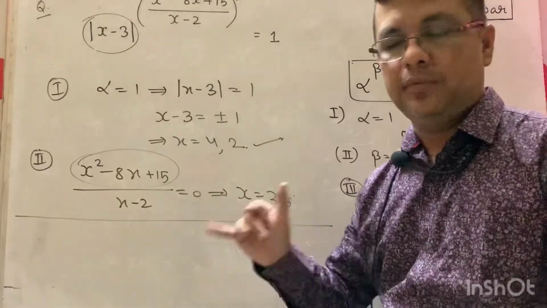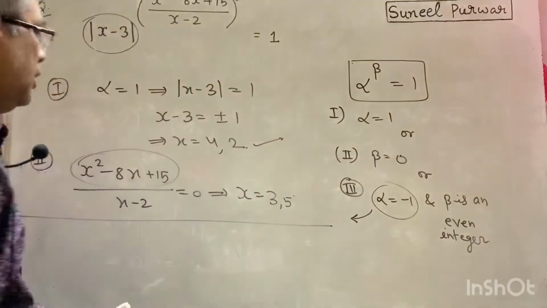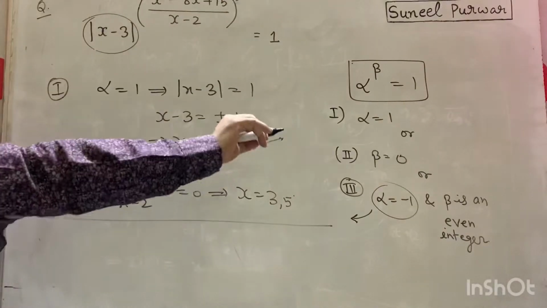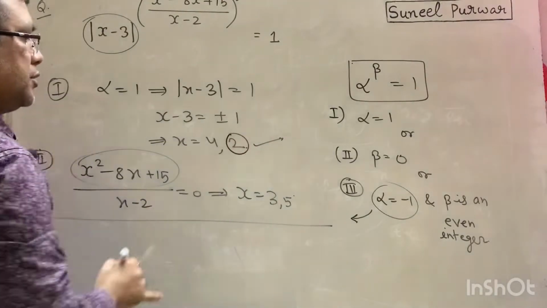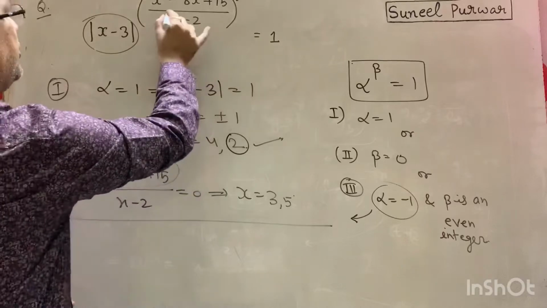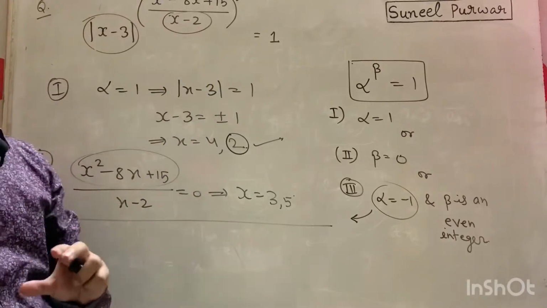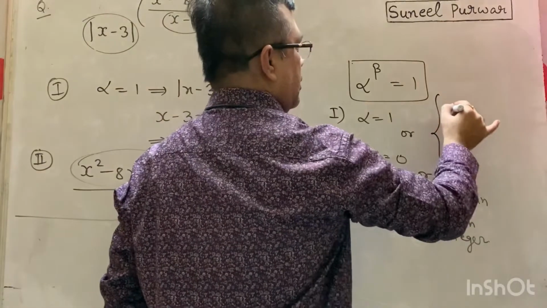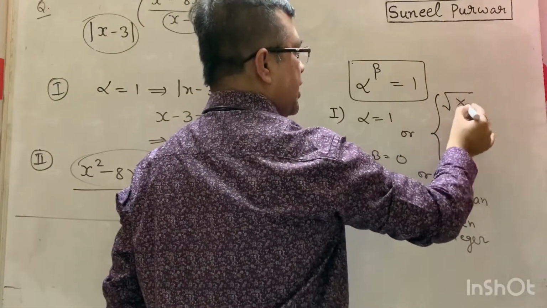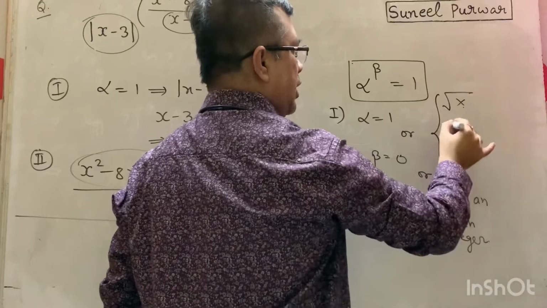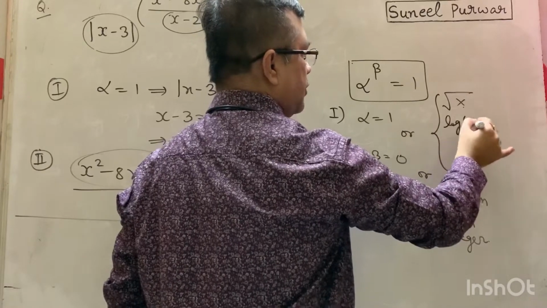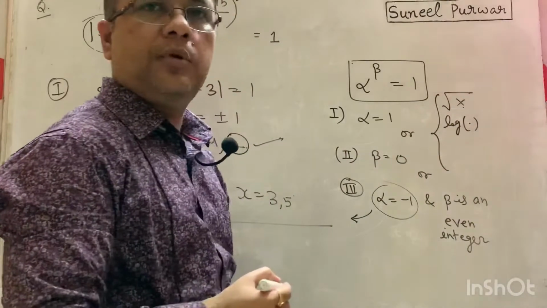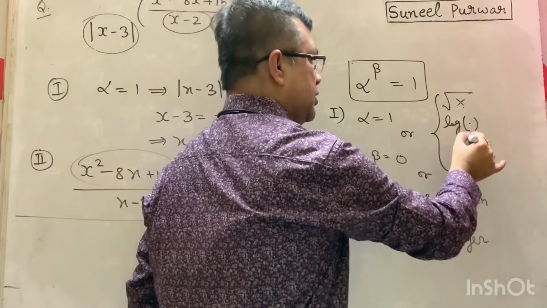What is the catch? Try to understand. First of all, if you take x is equal to 2, this denominator will become 0. So all those basic things you never ignore. Like if there is a square root, the quantity inside can never be negative. If you are finding log of a number, it has to be always positive. Further, base has to be positive.